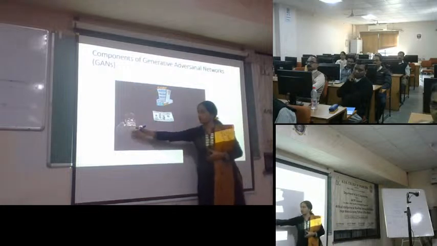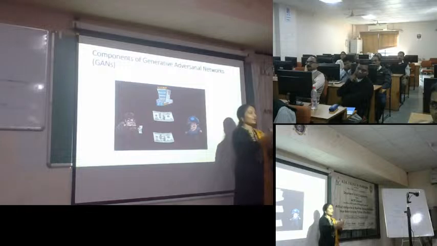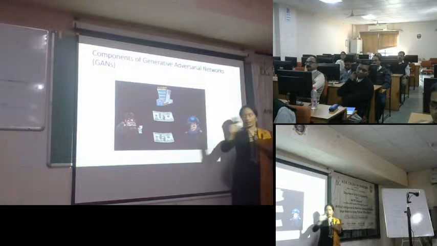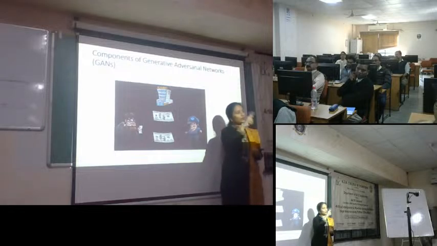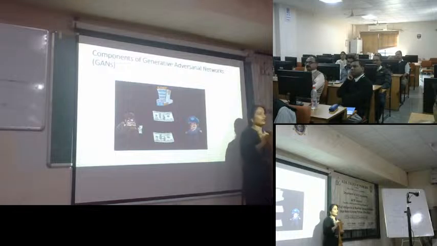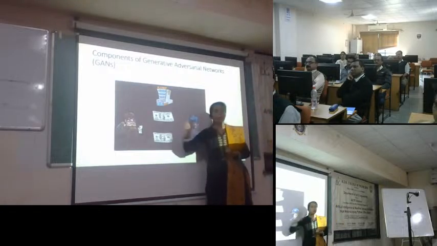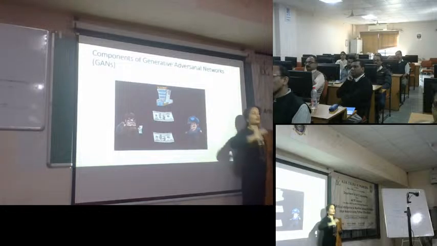So the generator has to go home, again manipulate the fake note images, and again come to the bank. This process repeats in a loop until the bank successfully receives and accepts the fake notes provided by the generator, and the inspector can't recognize which one is fake and which one is real, and it accepts the fake rupee or dollar.